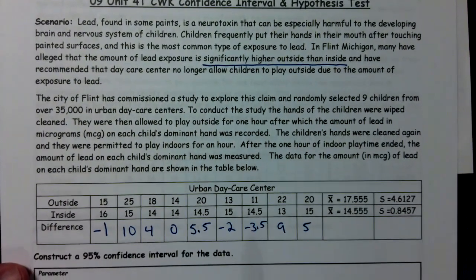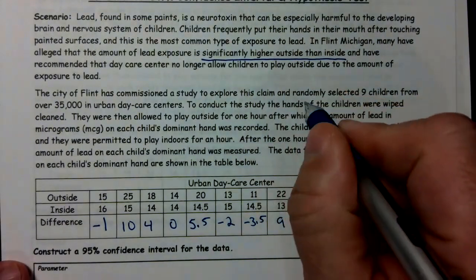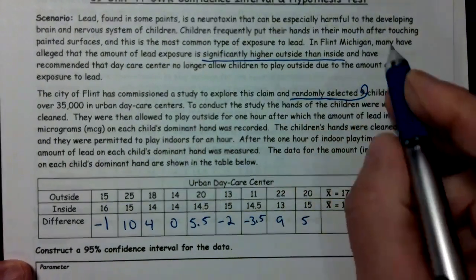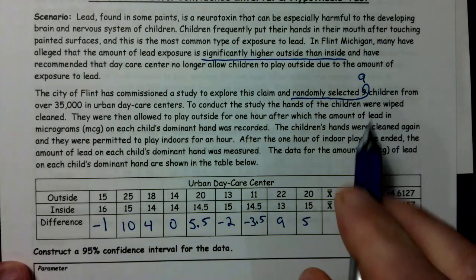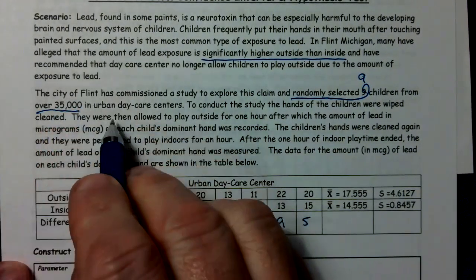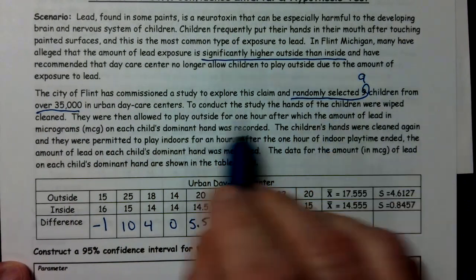The city of Flint has commissioned a study to explore this claim and randomly selected 9 children. That's going to be important. So we randomly selected 9 children from over 35,000. That's probably important as well, in urban daycare centers. To conduct the study, the hands of the children were wiped clean.